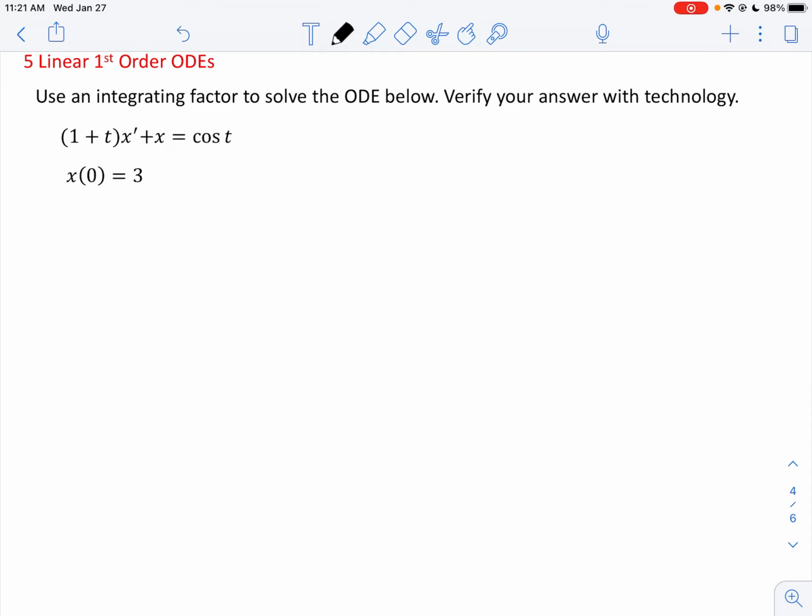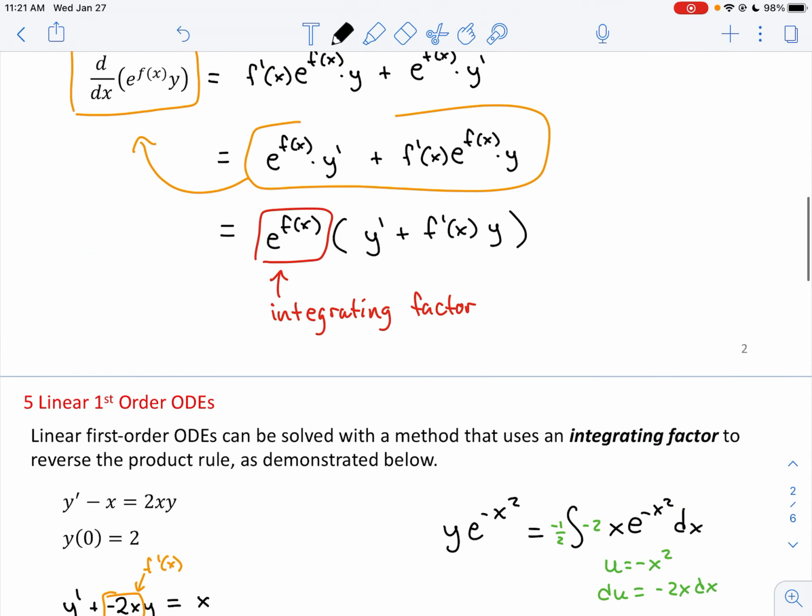I want to try to get it to the form where we have the x prime isolated. Keep in mind, I'm trying to reconstruct this form right here. So I want the x prime, which is now taking the place of the y prime, to be isolated, and then I want to see some sort of function coefficient of just x.